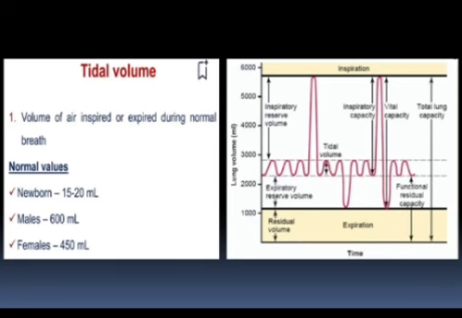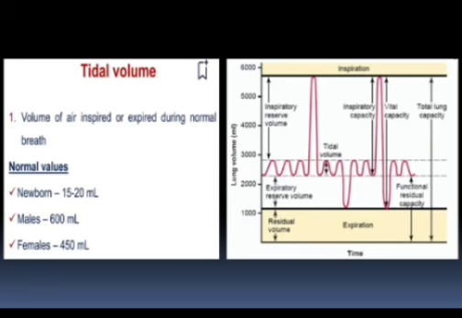Now we have tidal breathing or normal breathing, and we have forceful breathing. Normal respiration and forceful respiration. In other words, you have normal breath and deep breath.